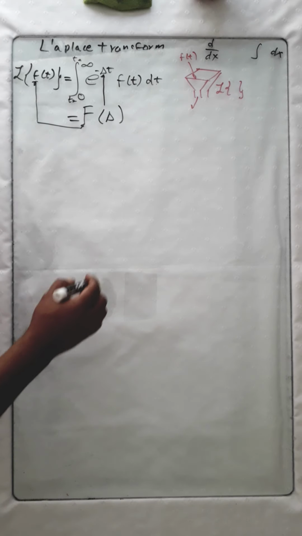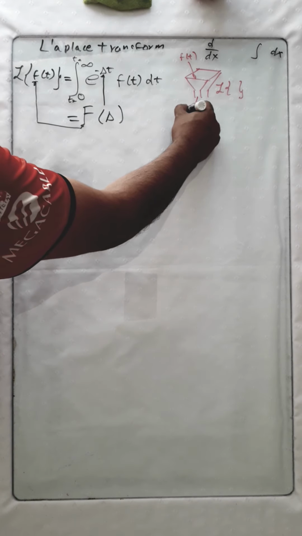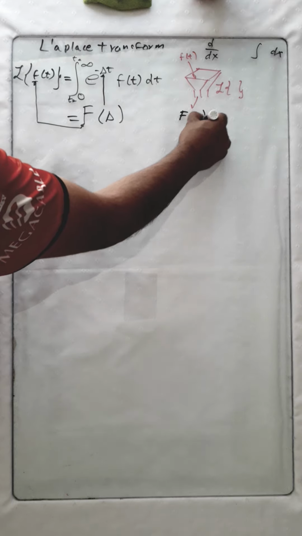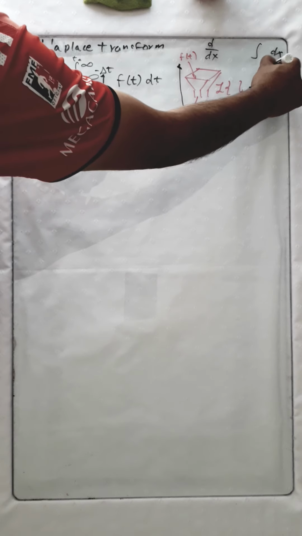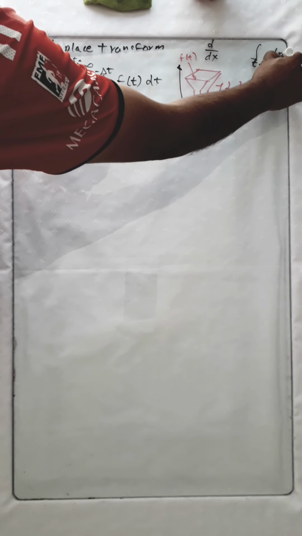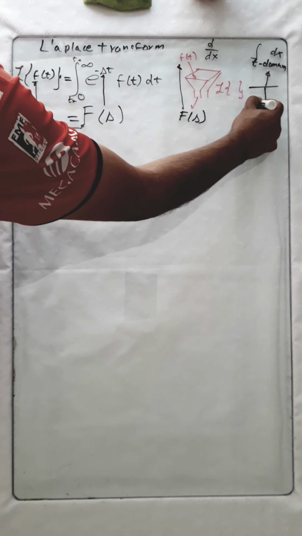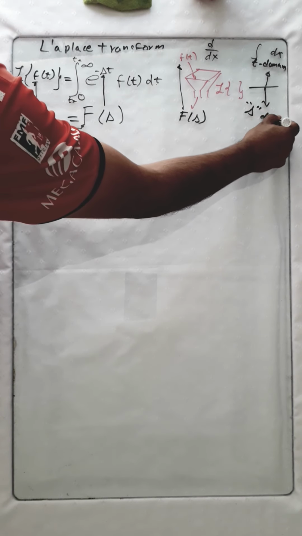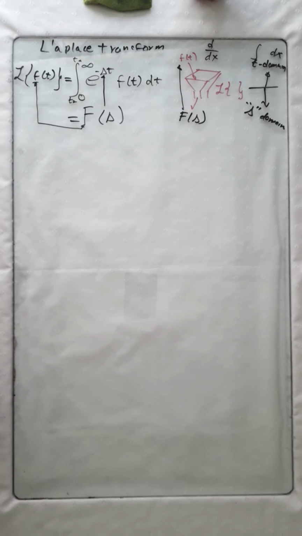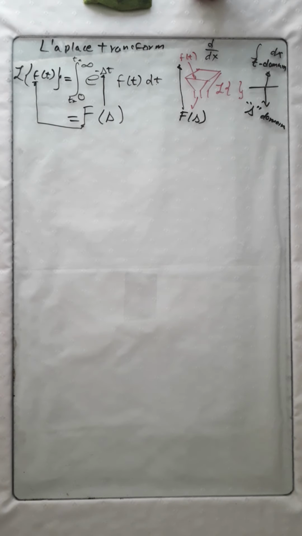If you make the transformation, what you get out of the tortillas machine is capital F of s, referring to the same function, but now up here is the t domain, and down below here is the s domain. So that is the definition, engineers.